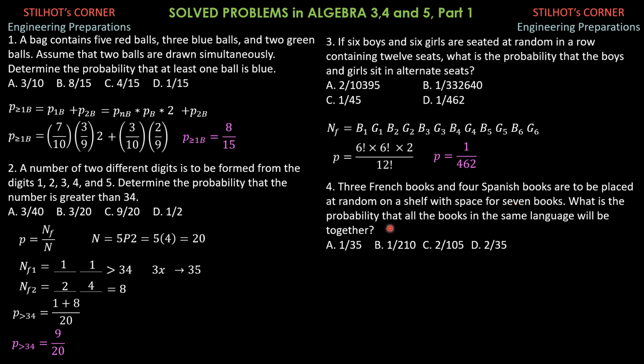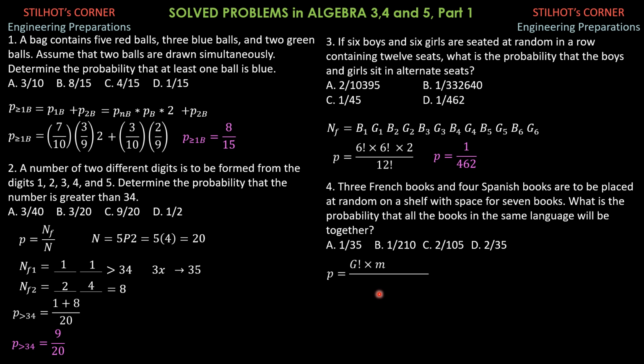Then in the numerator, favorable outcomes, if you're going to analyze that this is permutations by books. There are two groups, French books and Spanish books. So the formula for the number of different arrangements is number of groups factorial, then number of members of group 1 factorial times number of members of group 2 factorial, and so on and so forth, depending on the number of groups.